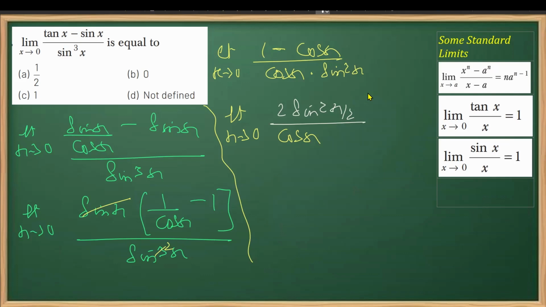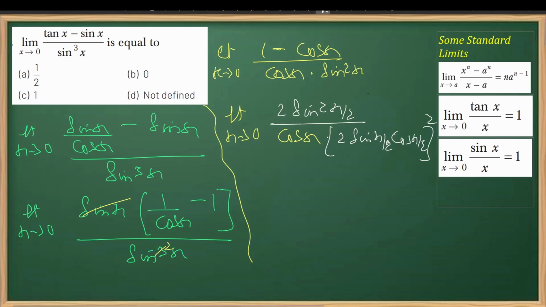Sine x is 2 sine x over 2 into cos x over 2, right? This is applying the sine 2x identity. But then we have a whole square over here, right? This square is there. Now what next? I will be opening the bracket over here.